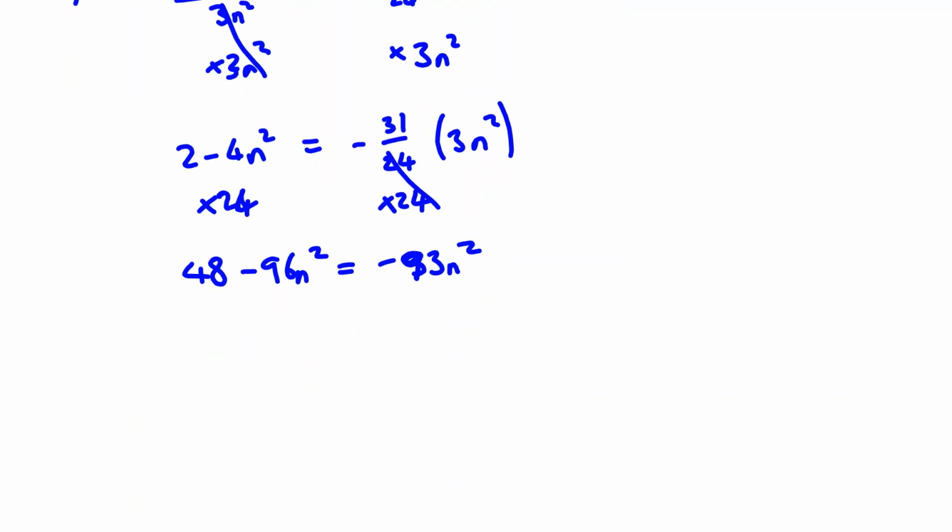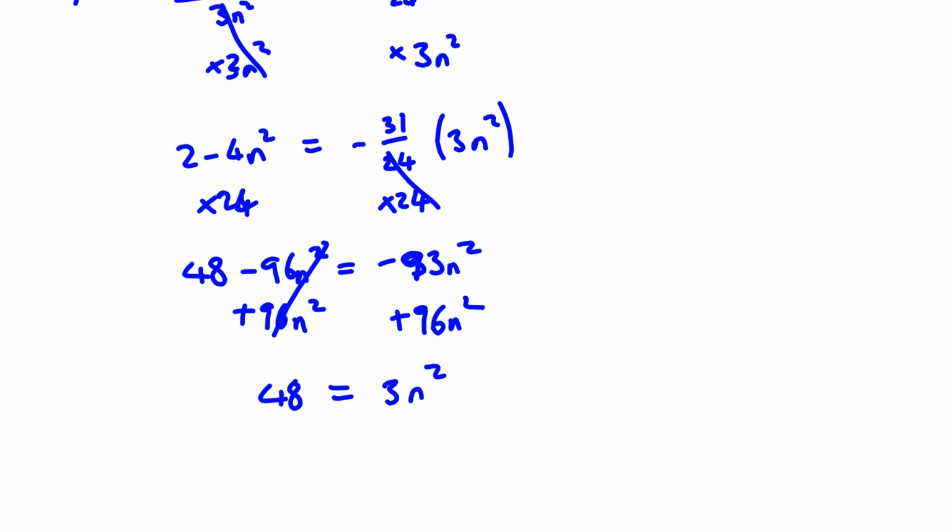So we're going to solve it. The first thing we're going to do is get rid of the least amount of our n squareds, and the least amount of our n squared is the minus 96. Remember, minus 96 is smaller than minus 93. So how do we get rid of a minus 96? We're going to add 96n squared to both sides. They cancel, so we're going to end up with 48. 96 take away 93 is going to be 3.